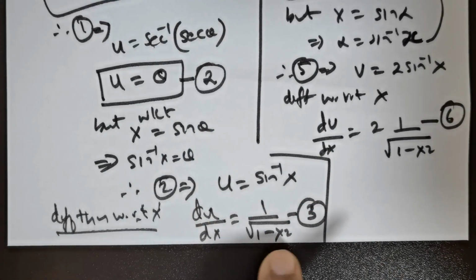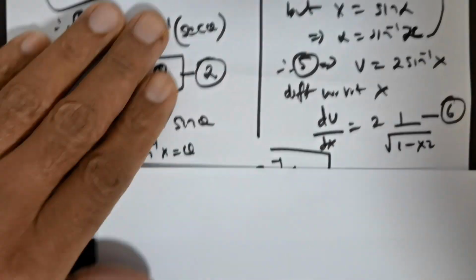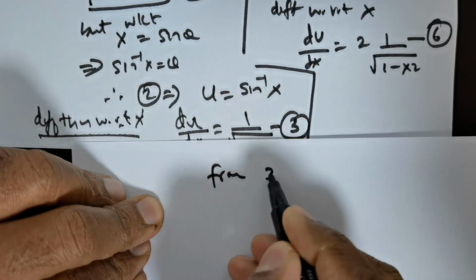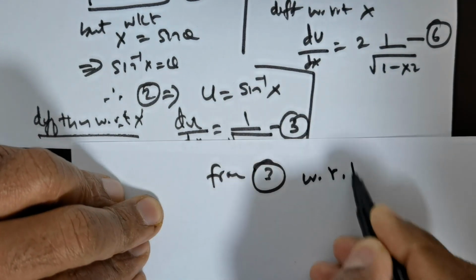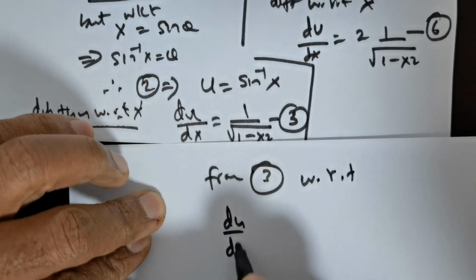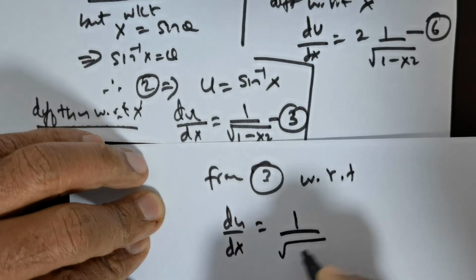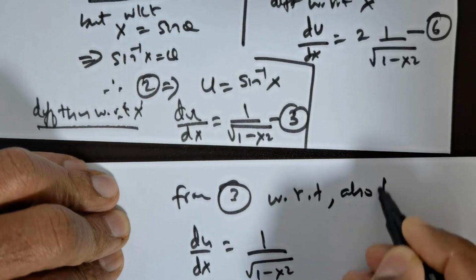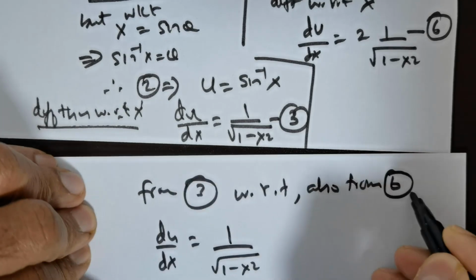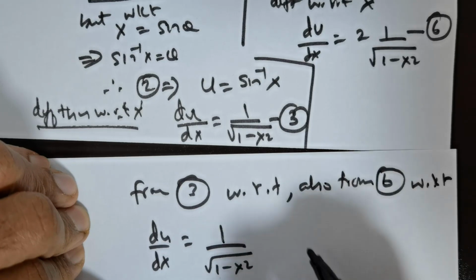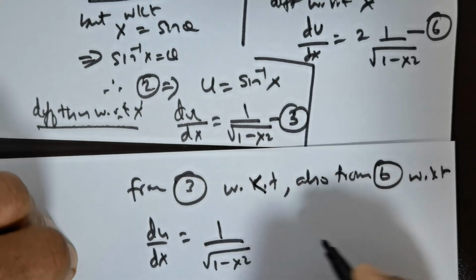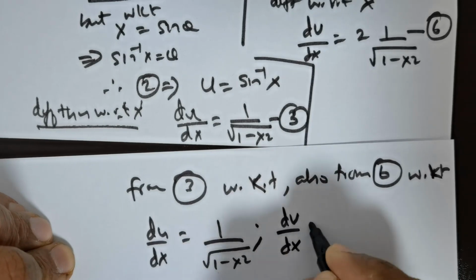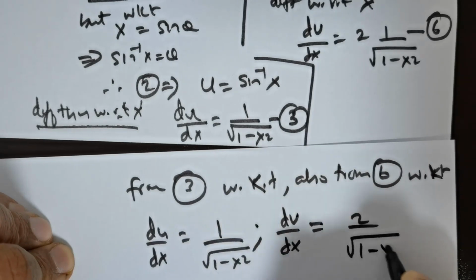Now watch here, 3 and 6. I'm going to use this paper. From 3 we know that du over dx is equal to 1 over root of 1 negative x squared, and also from 6 we know that dv over dx is equal to 2 over root of 1 negative x squared.